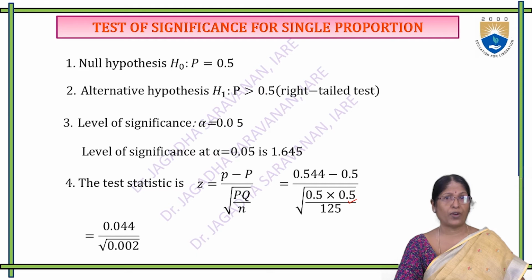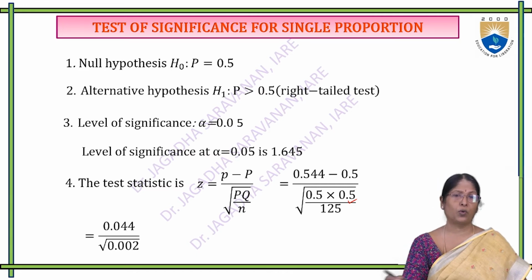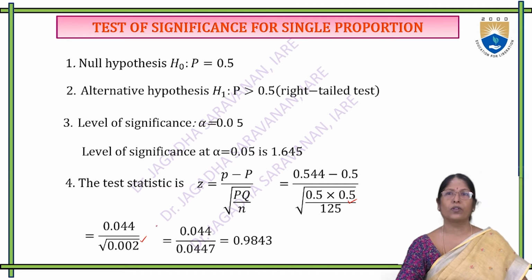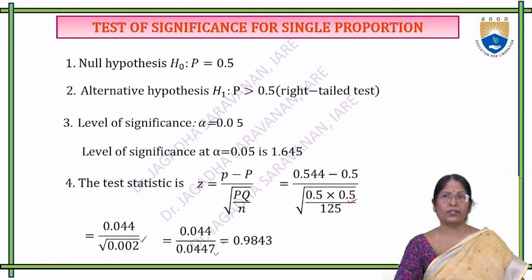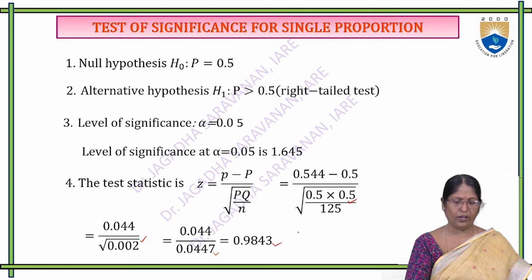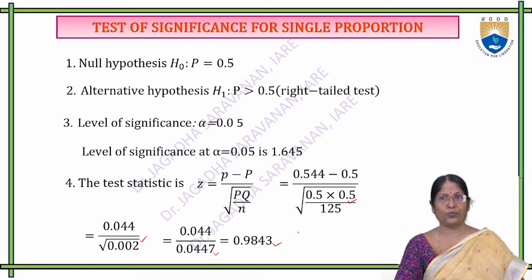So the fraction 0.044 divided by the square root of 0.002. The square root of 0.002 is replaced by 0.0447. So finally we obtain 0.9843.